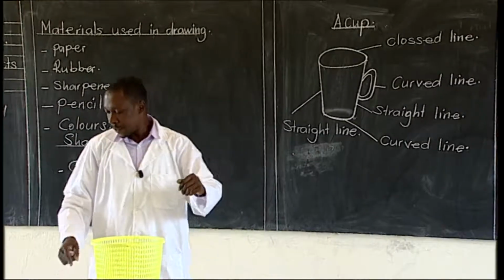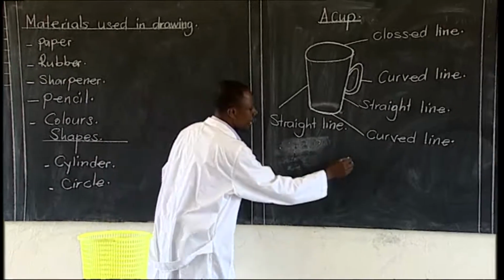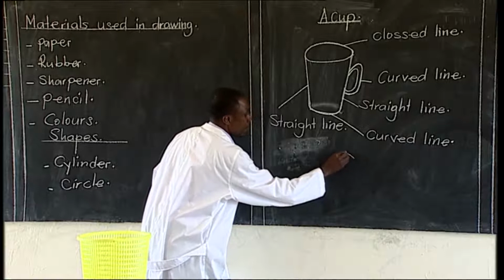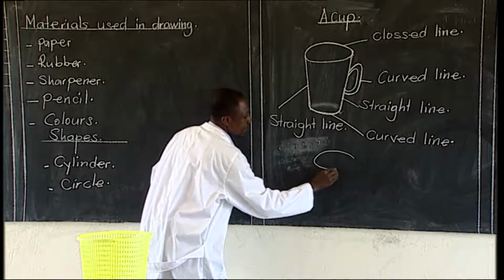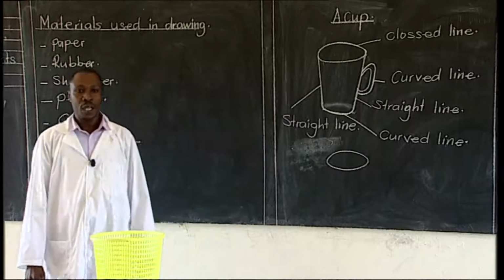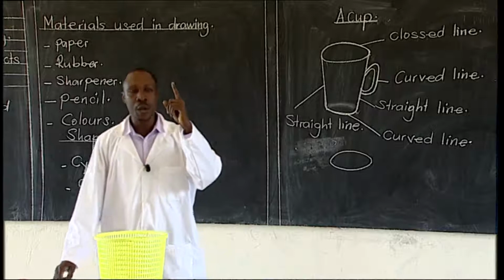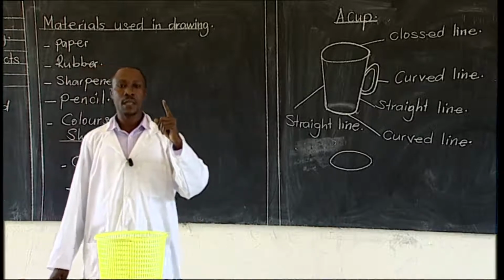Then get your pencil and the rubber. We start. We are going to begin with this circular surface of a cup. We are drawing one diagram or one shape on a desk.